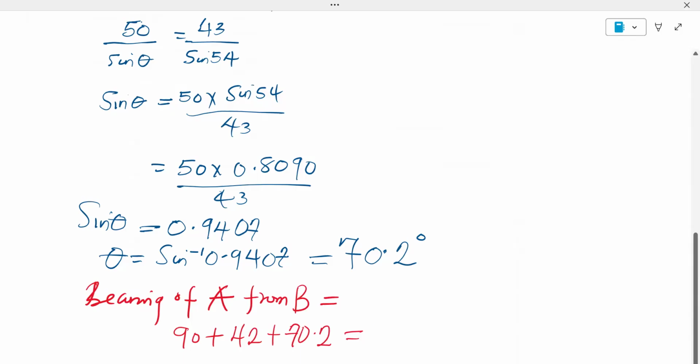So this is equal to 202.2 degrees. So this is actually the result of what we have been able to get.